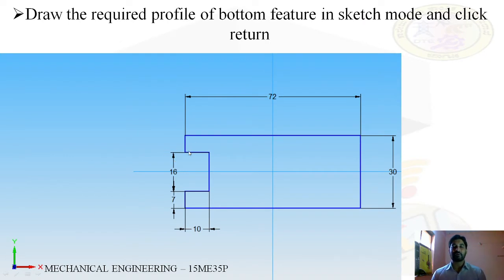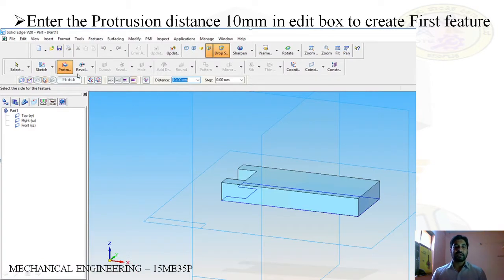Here you need to draw the suitable sketch profile for the first feature. So you have to give all the dimensions properly: this 72, 30, 10 mm, 16 and 7. Once your sketch is completed for the first feature, you have to click on the return command from the sketch mode. Then you need to add the protrusion distance as 10 mm in order to add the material in the Z direction.